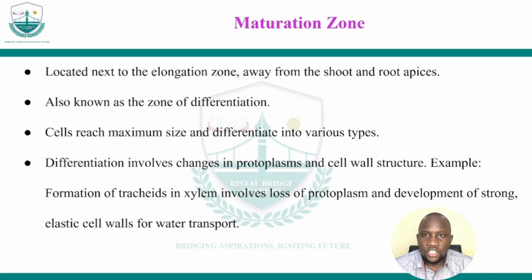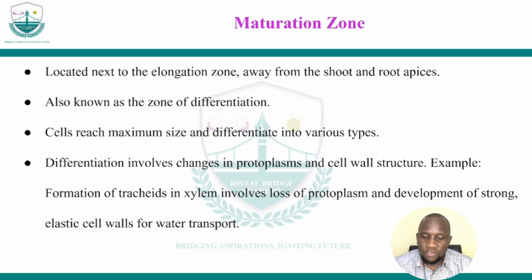Okay, so an illustration here is that in the xylem you have cells that we call tracheids. These tracheids are formed when the cells lose the protoplasm. Okay, and after losing the protoplasm, they get a strong elastic cell wall, and this makes them tracheids.